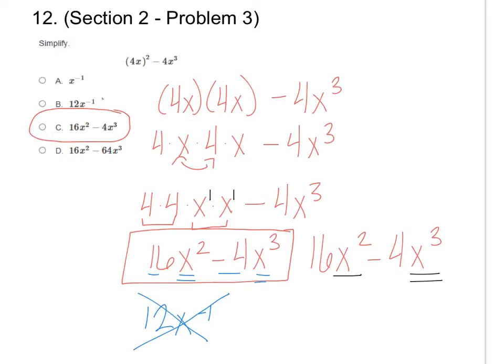In order to be like terms, you have to have the same variable, which we do have, but you also have to have the same exponent, which we do not have. So you would want to stop here. We do not have like terms. Don't add or subtract them. So our answer then would be 16x squared minus 4x cubed, which is letter C.